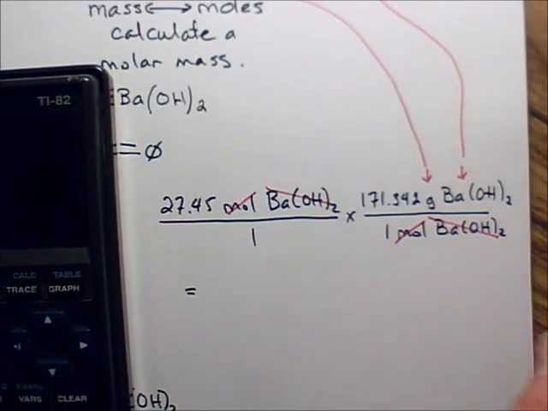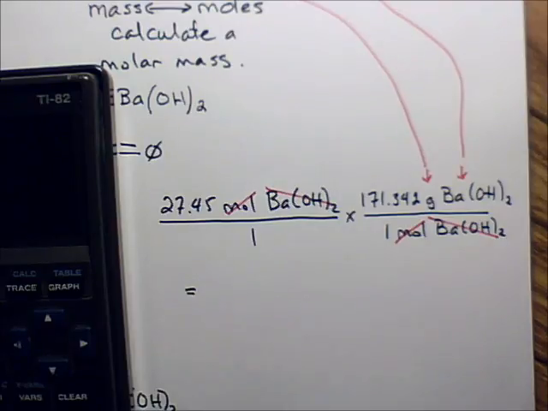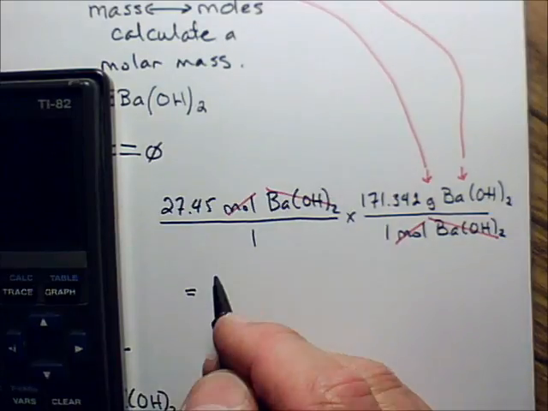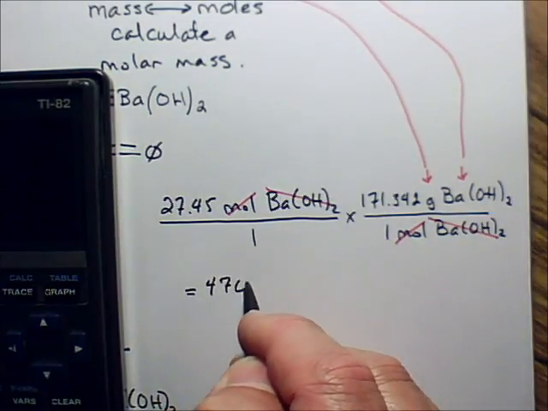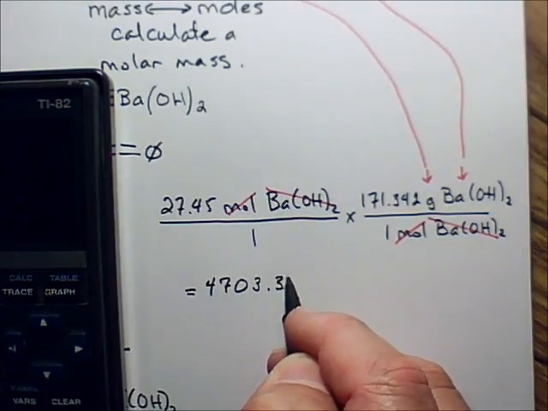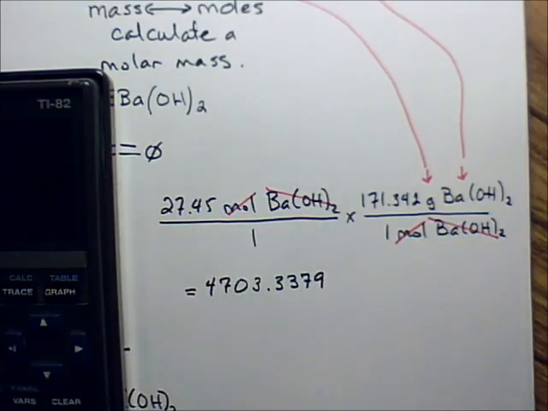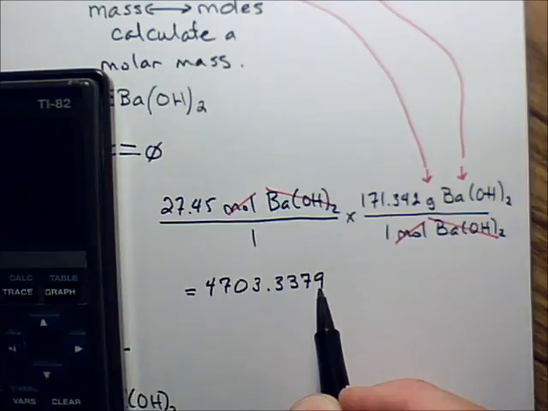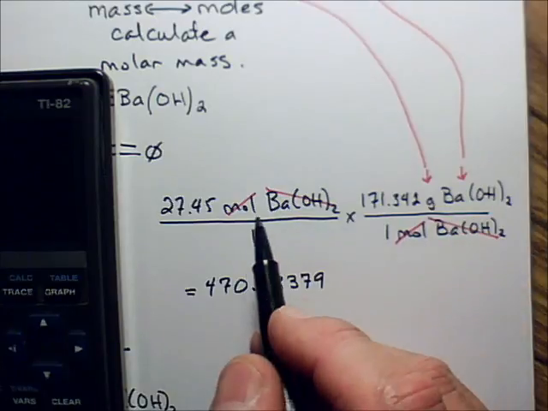You need the practice. So that's the number I got on my calculator. Your calculator may give you a couple fewer digits. That's okay. Or maybe it gives you exactly the same number.